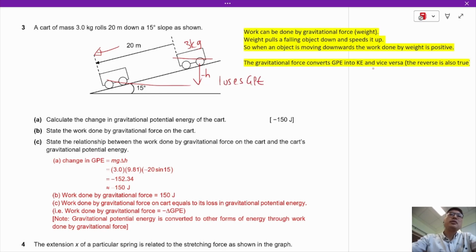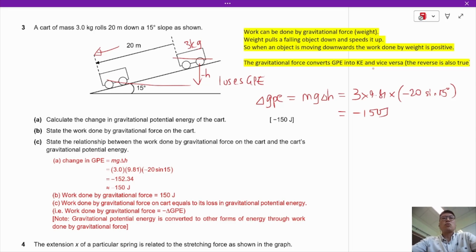How do we calculate the loss in GPE? The change in the GPE will be equal to mg multiplied by the change in height. That will be 3 times 9.81 multiplied by the change in height, which is negative 20 sin 15. And this will give us negative 150 joules.